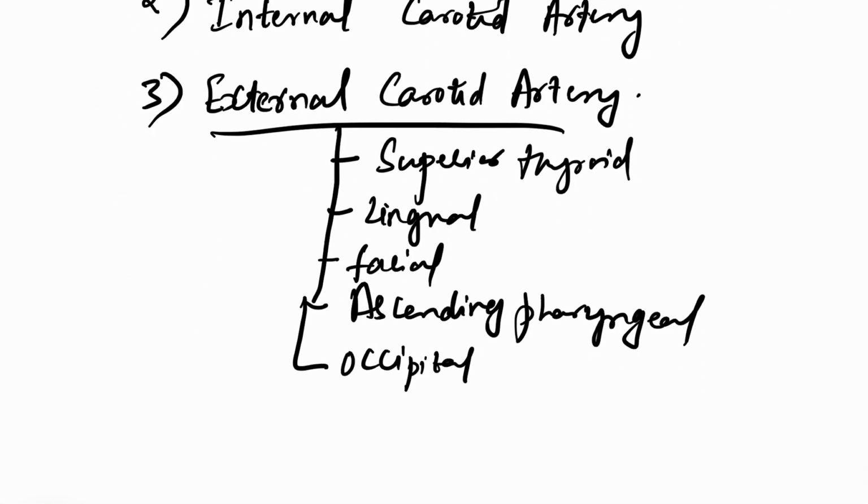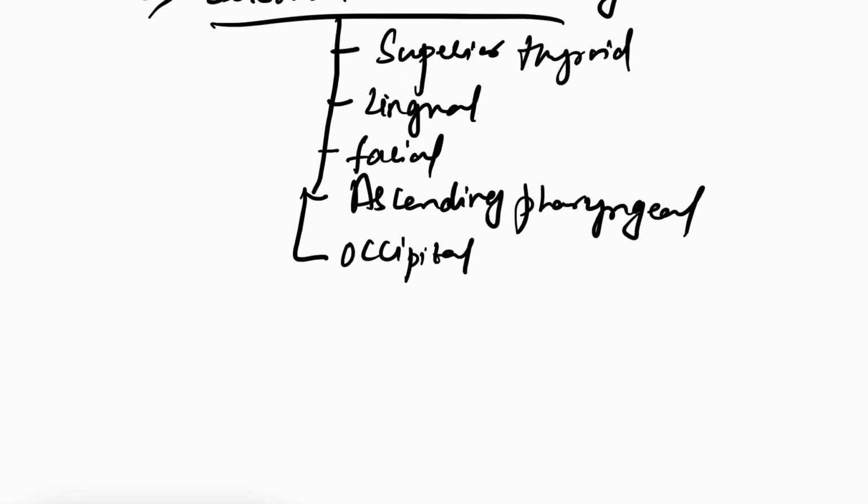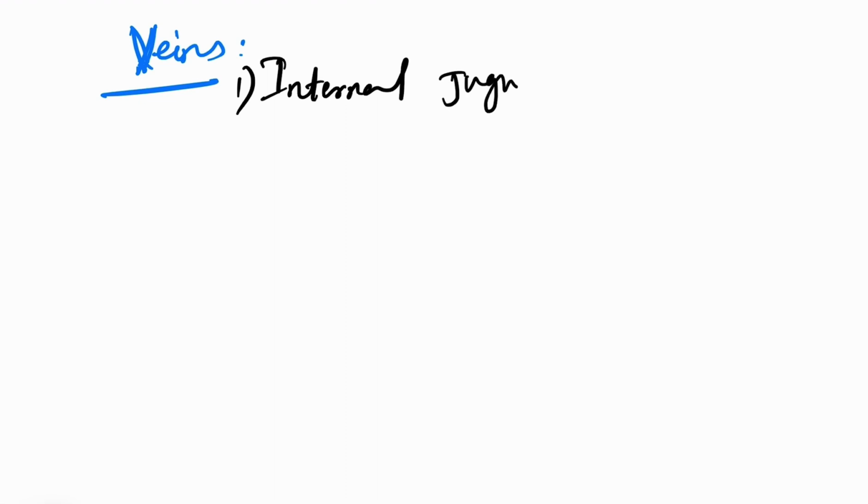Now let us discuss the veins which are present in the carotid triangle. So here important veins of the neck like internal jugular vein, okay, the most important vein which is present here is internal jugular vein.